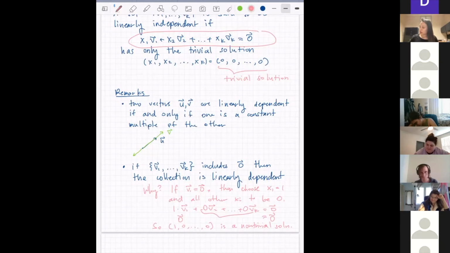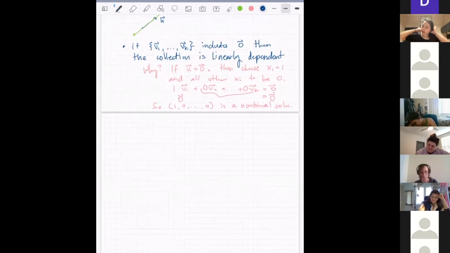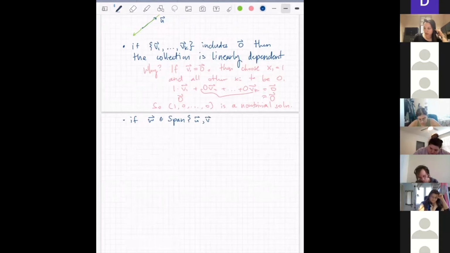Okay, so one more thing I wanted to say was that if you have a collection, starting with two vectors u and v and a vector w that's in the span of u and v, then this collection where you just add w will be linearly dependent.